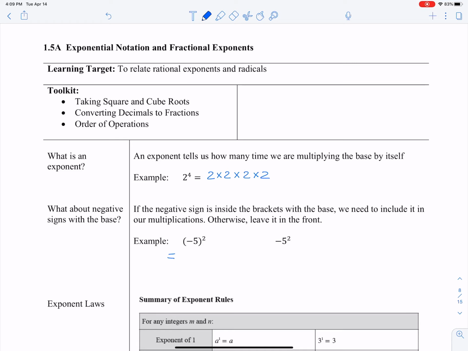So what this one is saying is -5 times -5, and we have 2 negatives that are multiplying each other, so we get a positive, and our answer is 25.